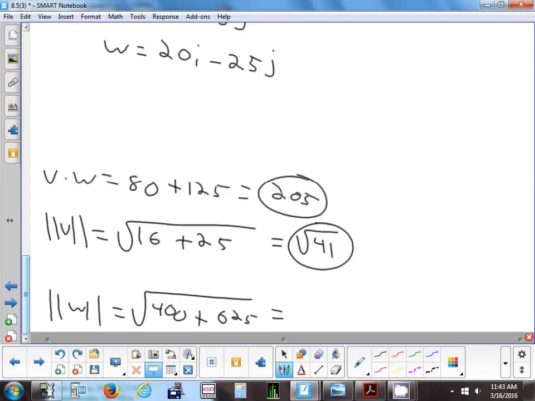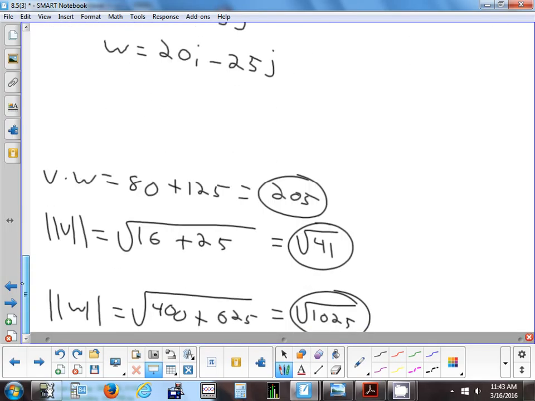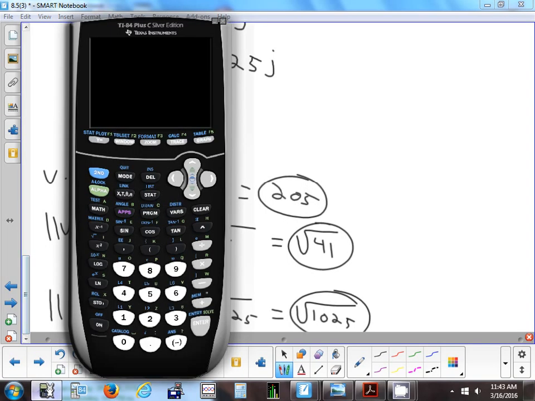Square root of 1,025. You can factor out a 5, or you can just use your calculator. If it was a non-calculator question, like on a test, you'd have to be clever about it, but in here, you can use your calculator.